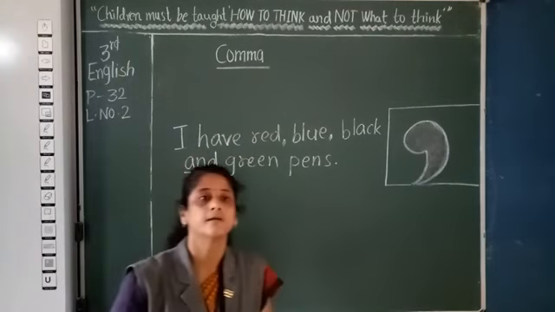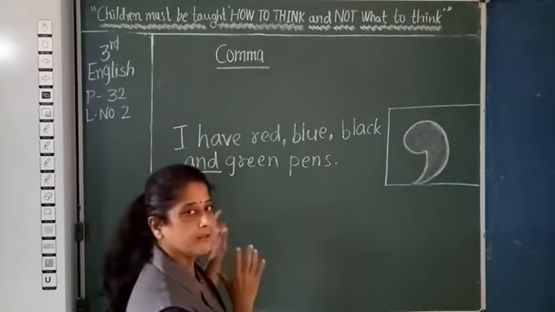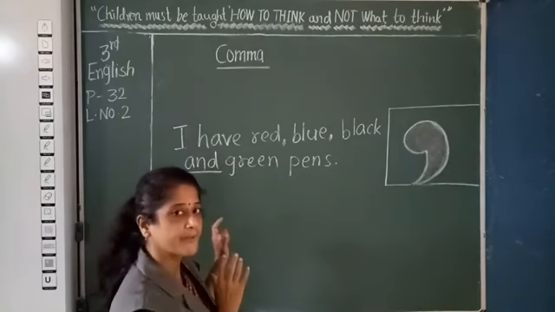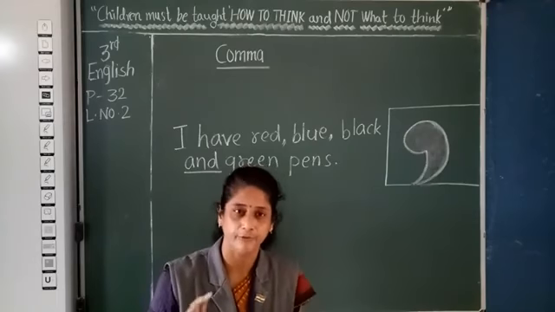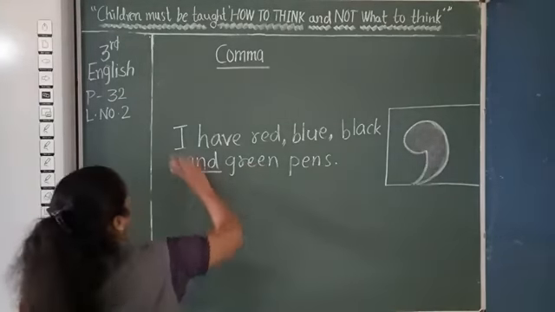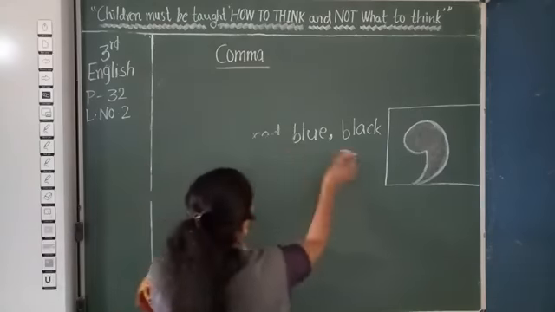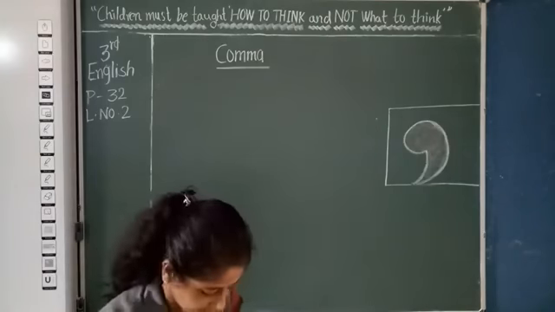So this is the punctuation mark comma, which is used in your sentence to separate items. This was done in the second standard, if you remember. Now I'll give you 2 more examples. I'll write it and show you how you have to separate the items in a sentence.